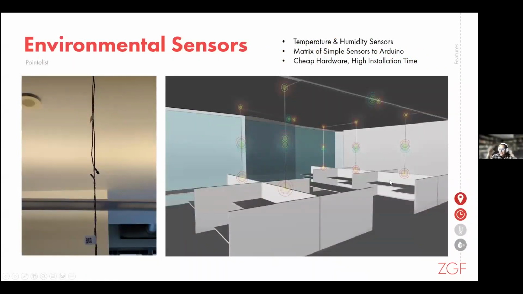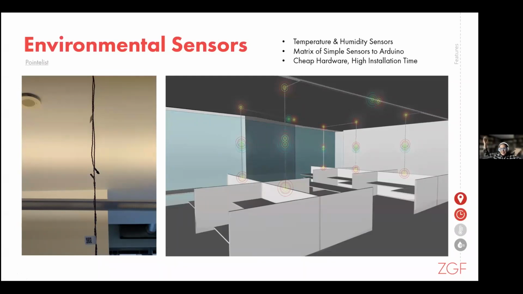So just continuing on some of these examples of these different technologies. Environmental sensors. This was an example of a matrix of simple sensors that were connected, measuring both temperature and humidity. You can see that it shows you not only in the space, but also at what height you're measuring, because we all have a bubble around us.